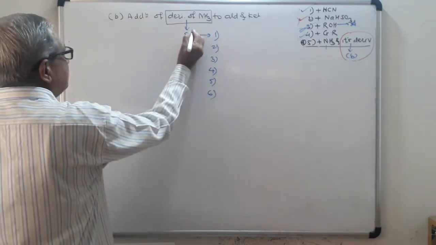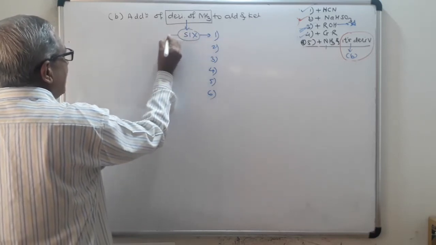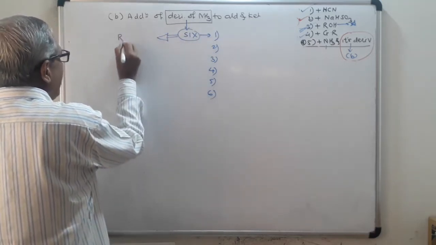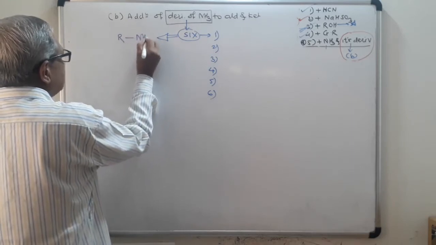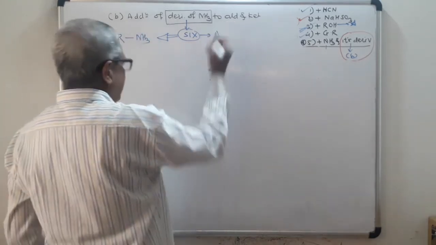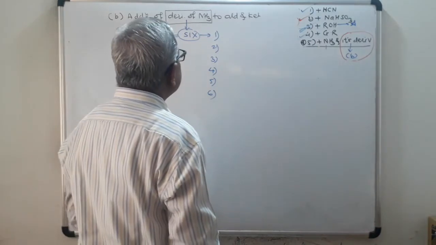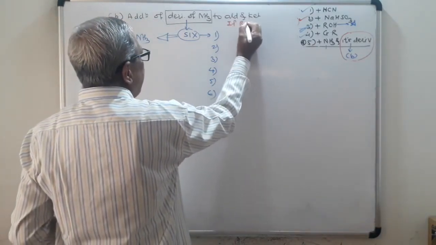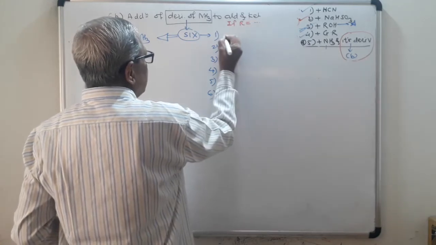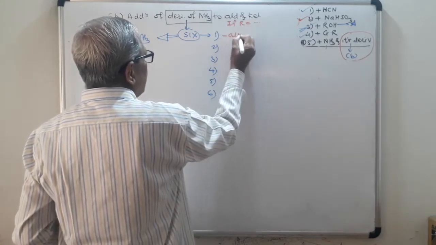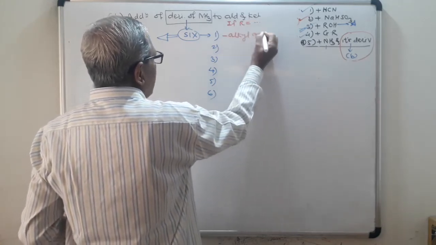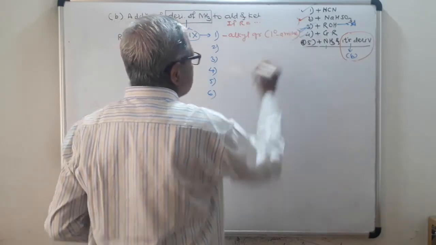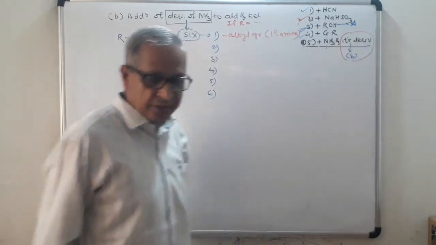See here, these 6 derivatives are shortly denoted by RNH2. If R is equal to an alkyl group, then it is a primary amine. So this is your first derivative of ammonia.